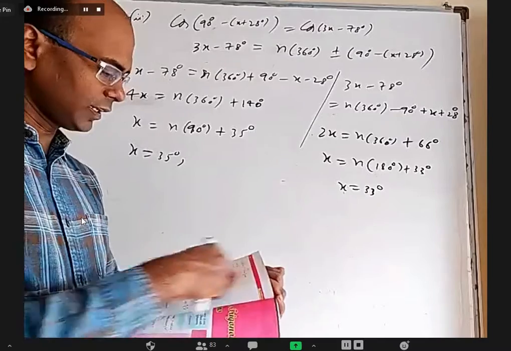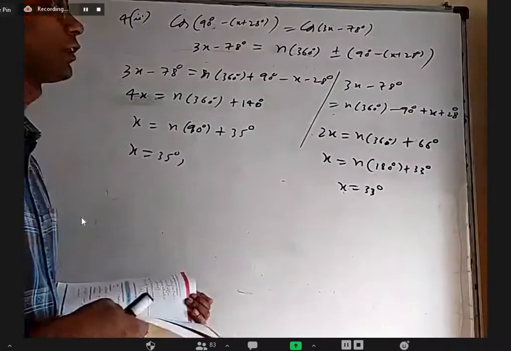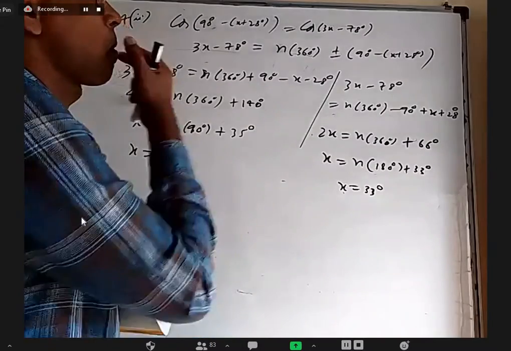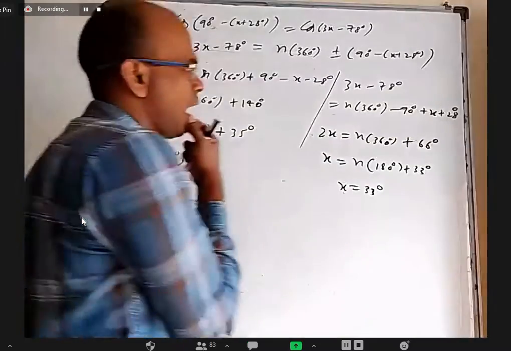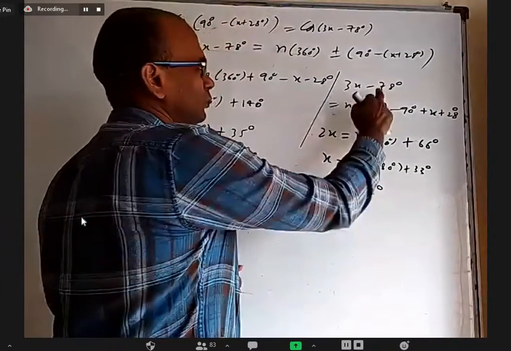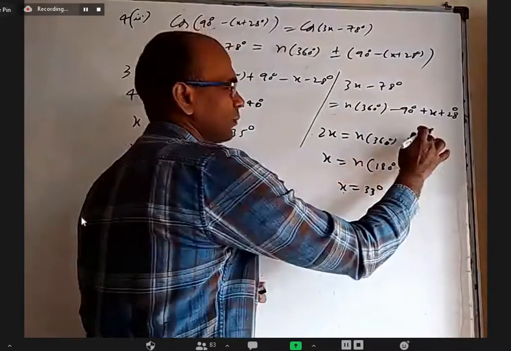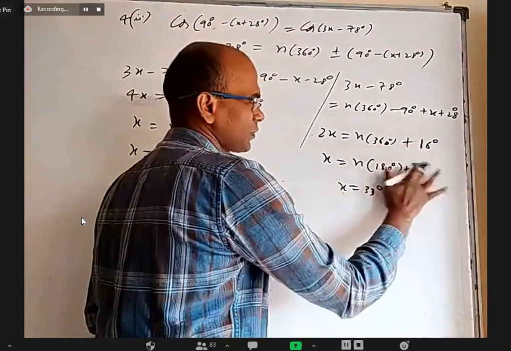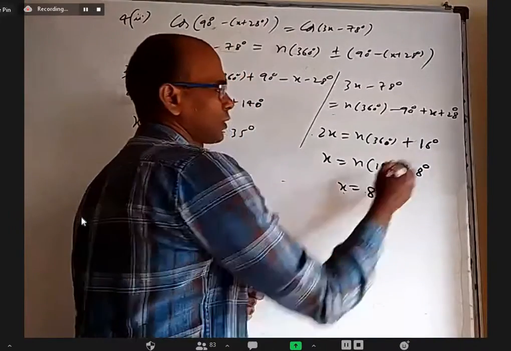They gave 8 and 35. Okay. So here they gave 8, because we get 8. Oh, this addition is wrong. This is 90, 106, so this is 16. This is 16 degrees. So this is 8 degrees, this is 8. Okay, sorry, some addition.